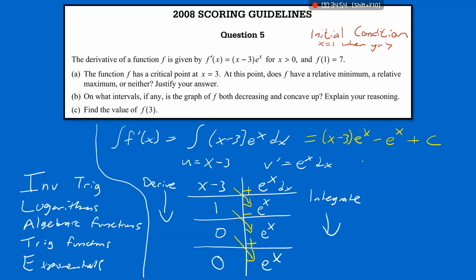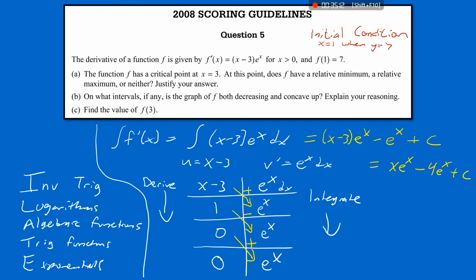Then I can simplify. If I multiply this out, this will be x e to the x minus 3 e to the x minus e to the x, which is minus 4 e to the x plus c.